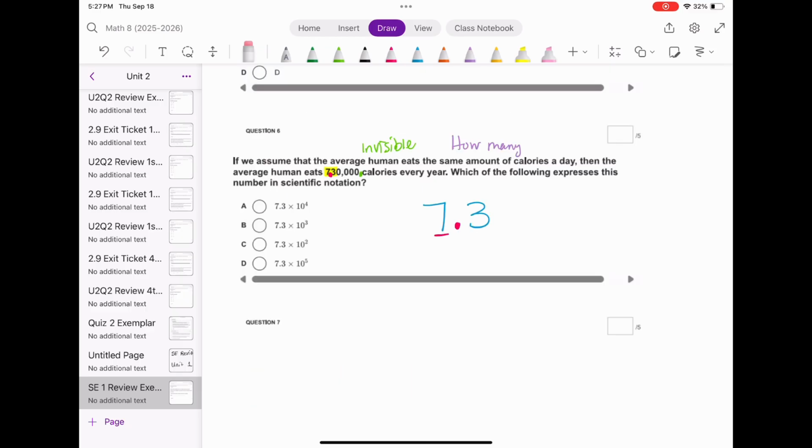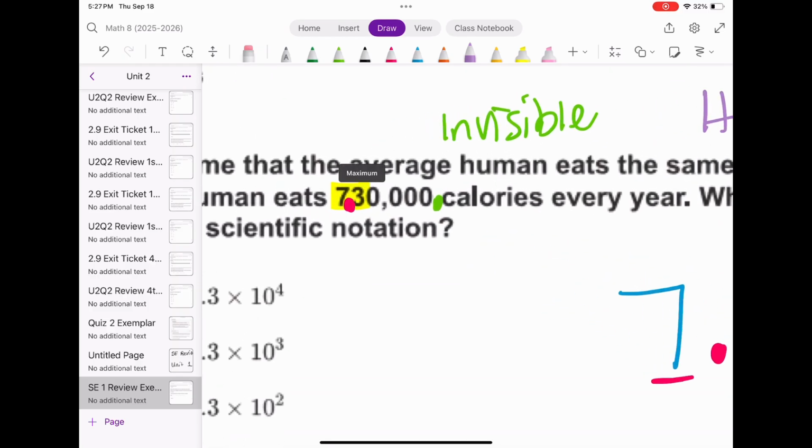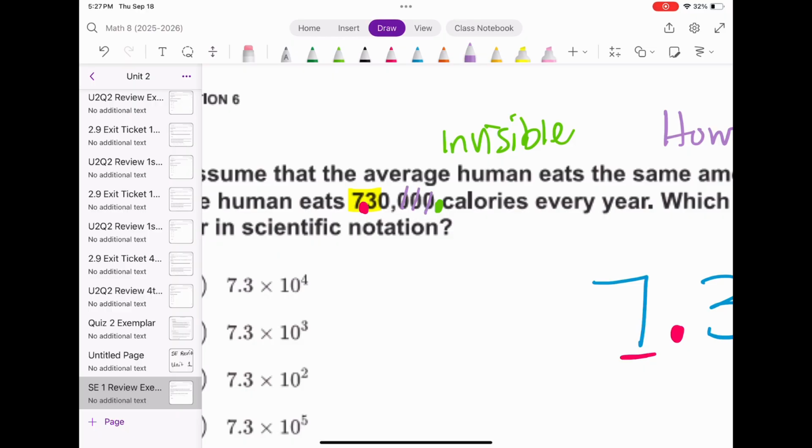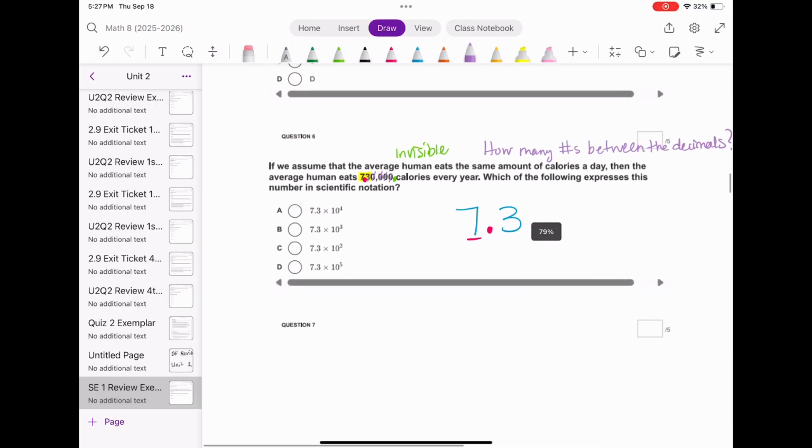So how many numbers are there between the decimals? We can see that there are 4 zeros and a 3, right? So that means that my answer is going to be 7.3 times 10 to the 5.